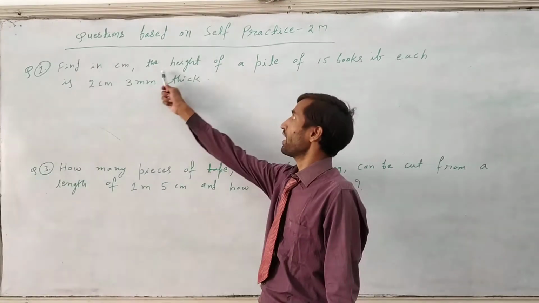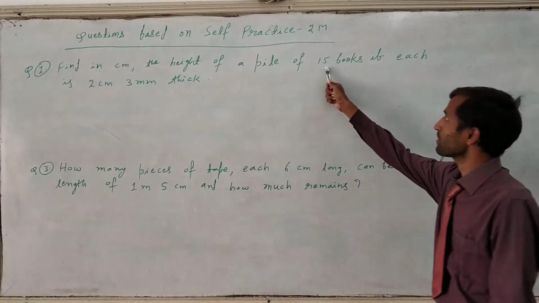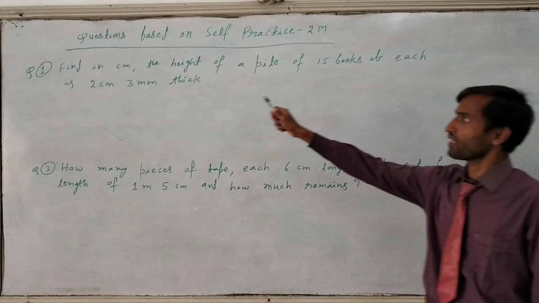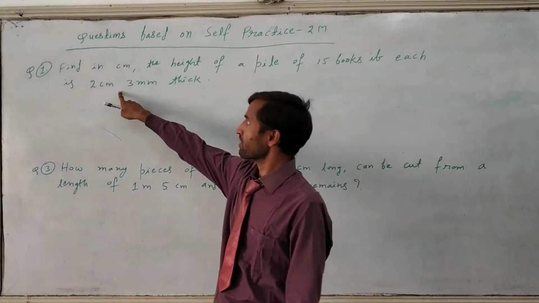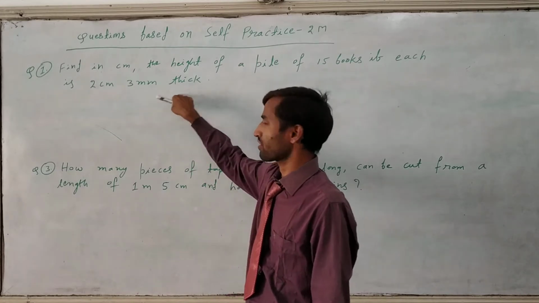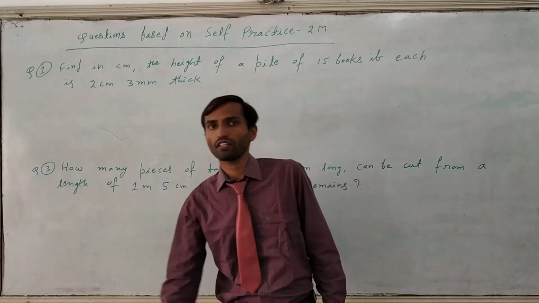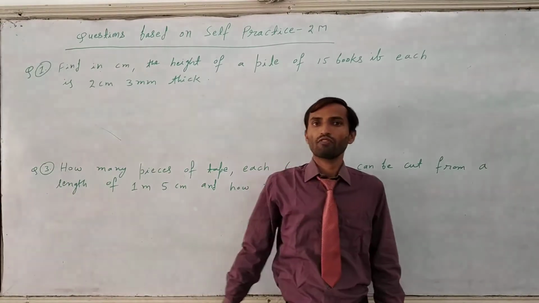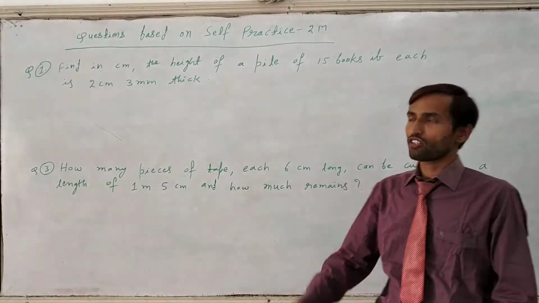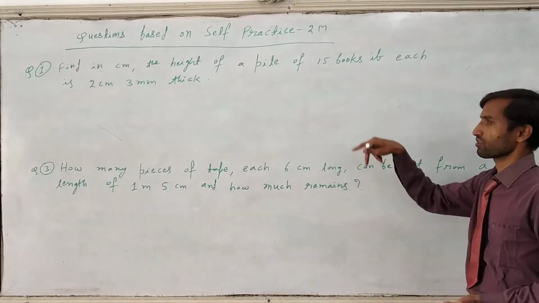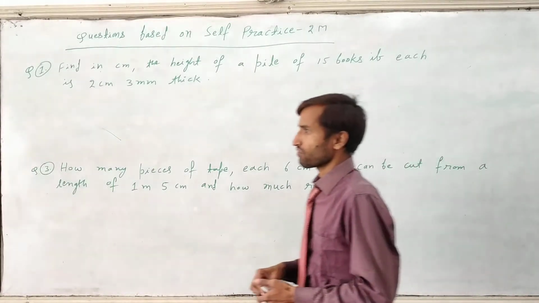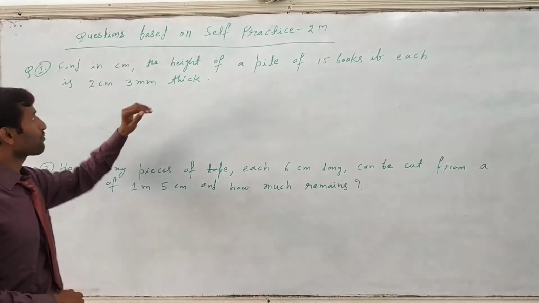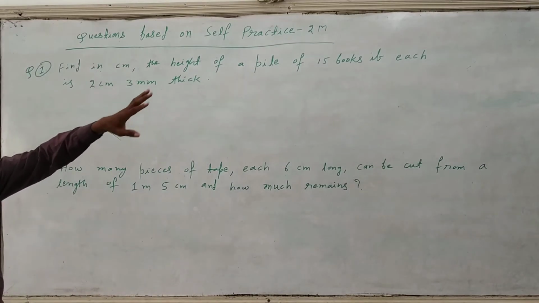The height of a pile of 15 books, if each is 2 centimeter 3 millimeter thick, means each book has thickness 2 centimeter 3 millimeter, and we have to find the height of the pile of 15 books.